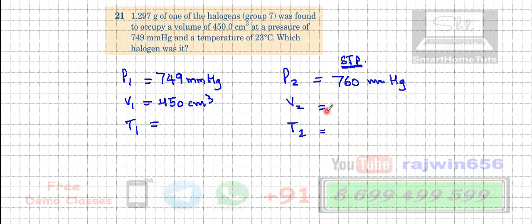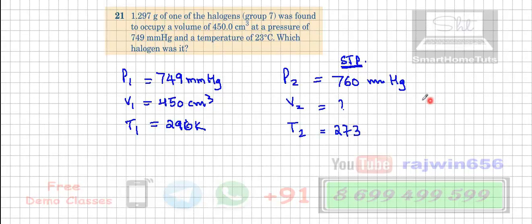This volume is what we are supposed to find. Original temperature is 23 degrees Celsius. So in Kelvin, plus 273, this is going to become 296 Kelvin. Okay, standard temperature is 0 degrees Celsius. So 0 plus 273, that is 273 Kelvin.